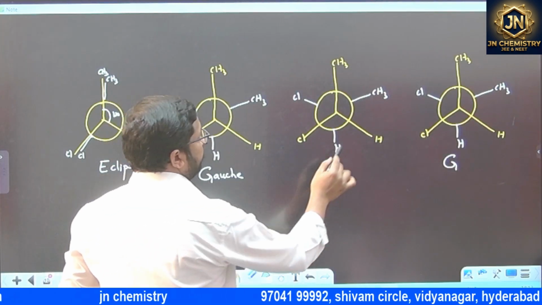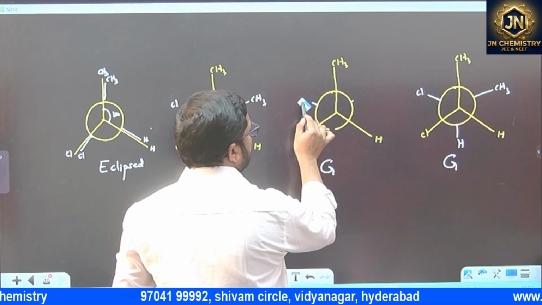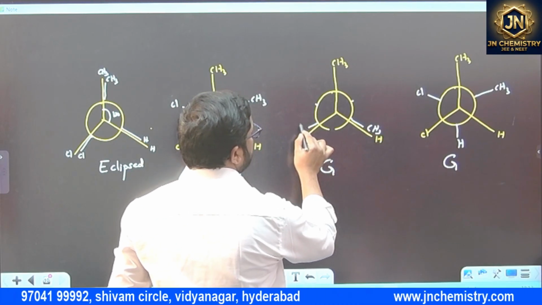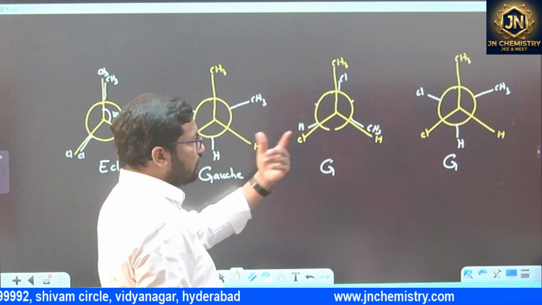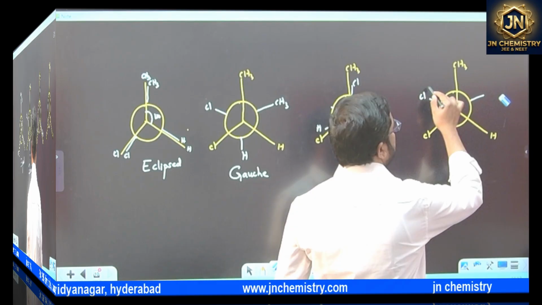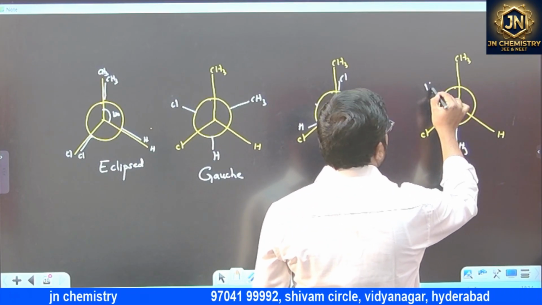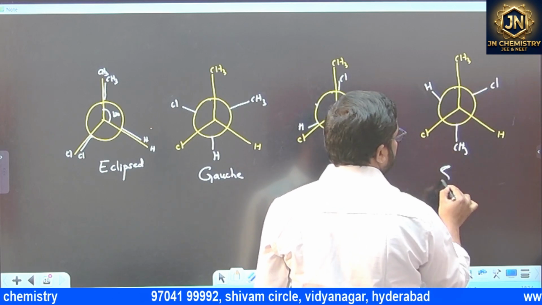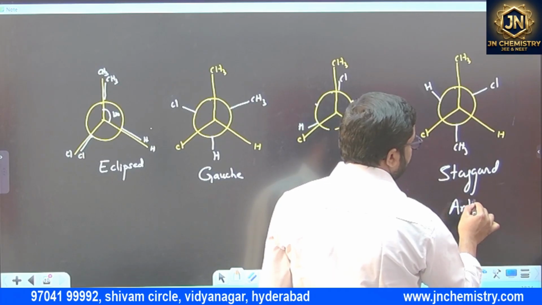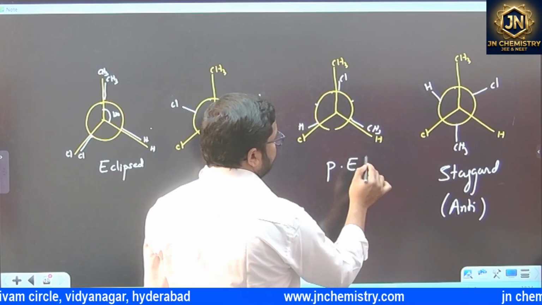For example, if we rotate this bond one more 60 degrees, here you can say CH3 over here, H, Cl. One more time if you rotate, you get the staggered form. Here is the CH3, here is the hydrogen, in this case chlorine. This is staggered form, or we could say anti. This is partial eclipsed.